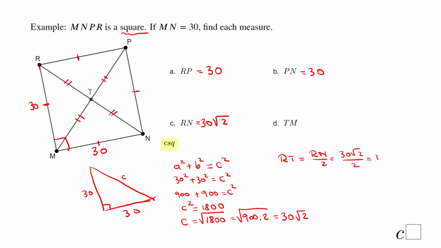So that will be 15 square root of 2. And like I said, RT is congruent to TM. So that means TM should also be 15 square root of 2. And that is about this problem.